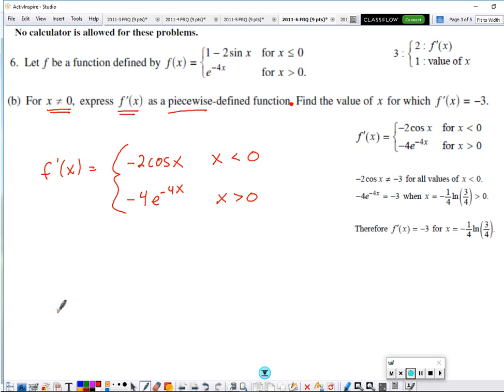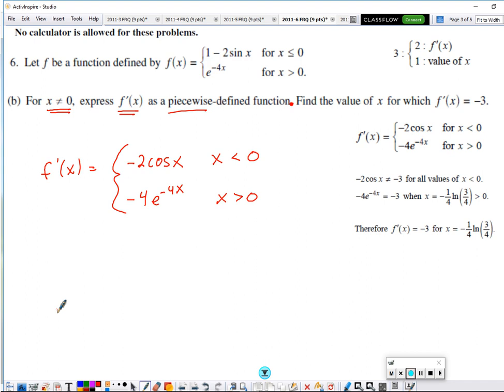When you're taking a derivative of a piecewise function, there's a decent chance that there's a corner where the two pieces meet. And that's what's happening here. That's where they're telling you you can't find the derivative at 0: it's meeting in a corner.